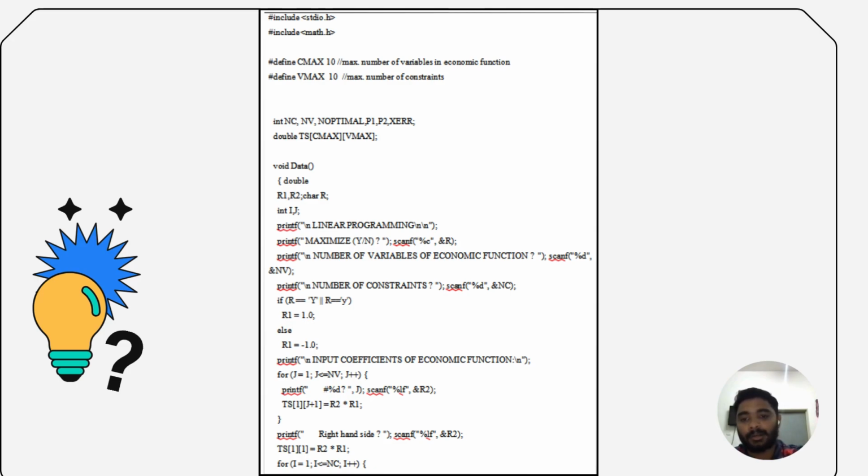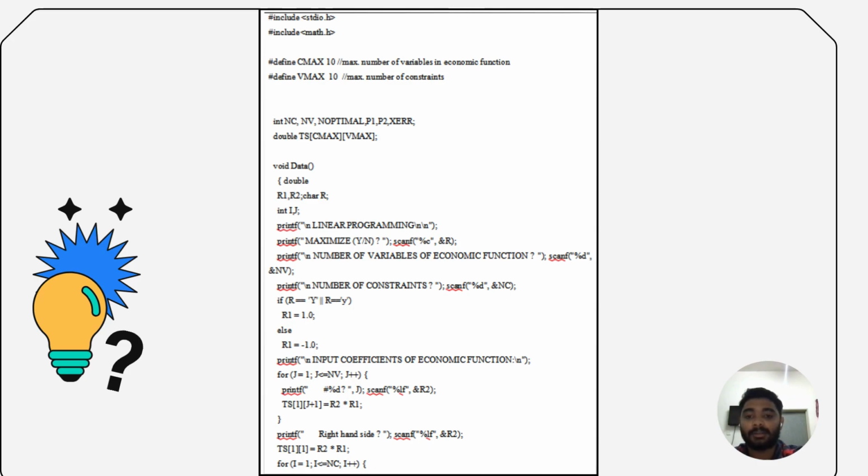The next line, double TS[CMAX][VMAX], declares a 2D array TS with dimension CMAX by VMAX to store coefficients and constants. Next is void data, the beginning of the definition of the function data.